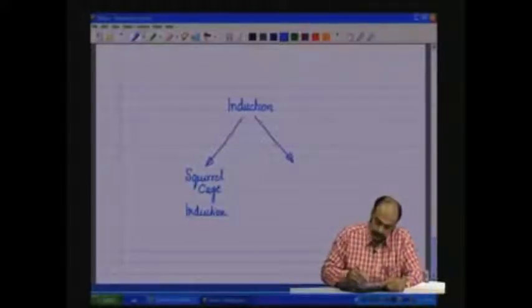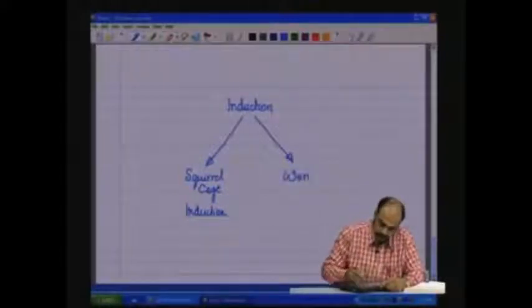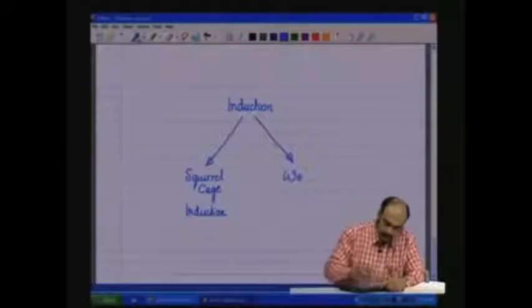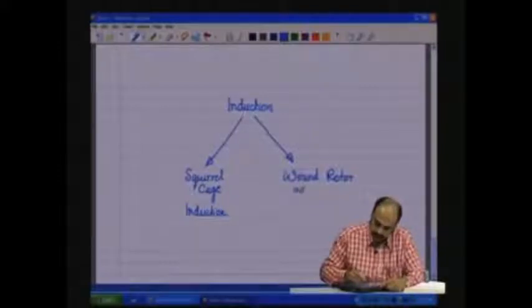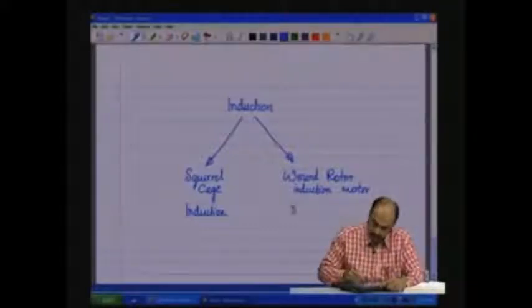The other is called the wound rotor induction motor, or slip ring motor.